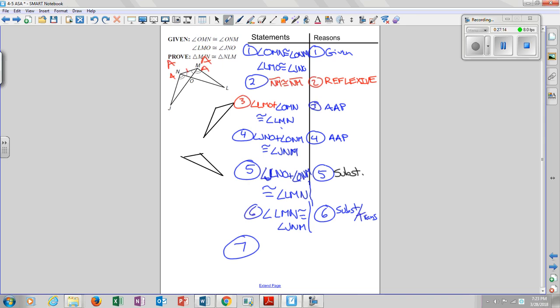So we have an angle. We have the side in between them. So it's going to be angle side angle, and you can say triangle MJN is congruent to triangle NLM. And your reason is angle side angle.